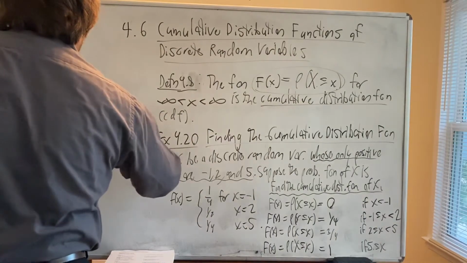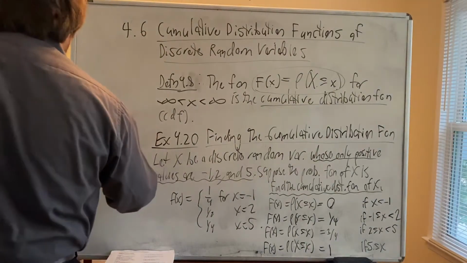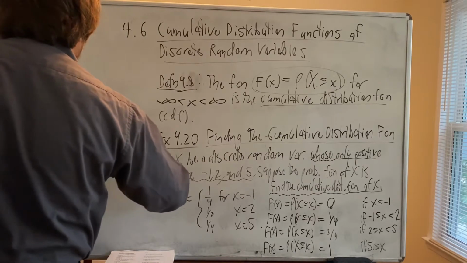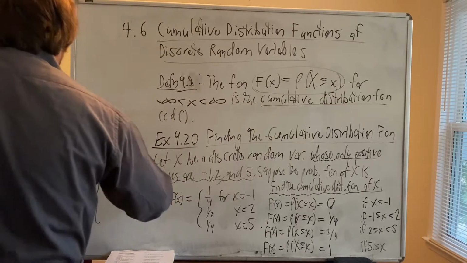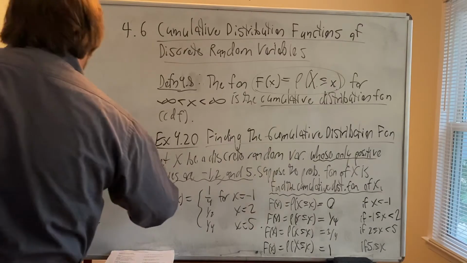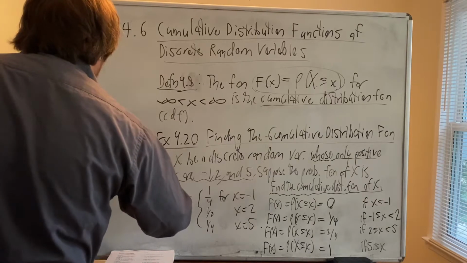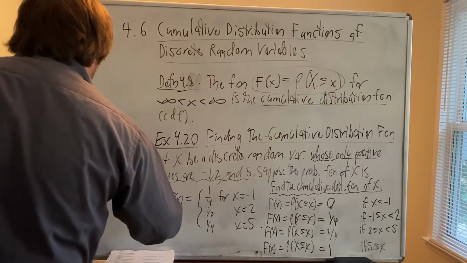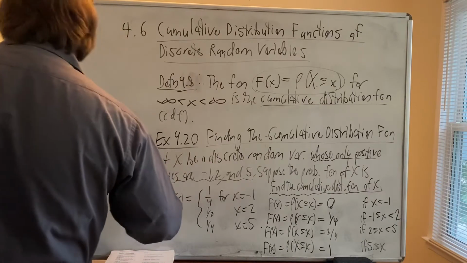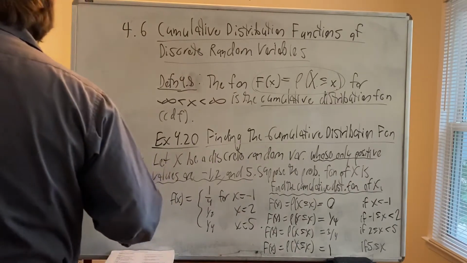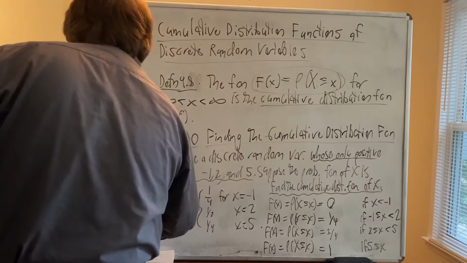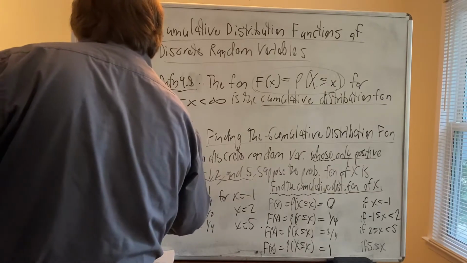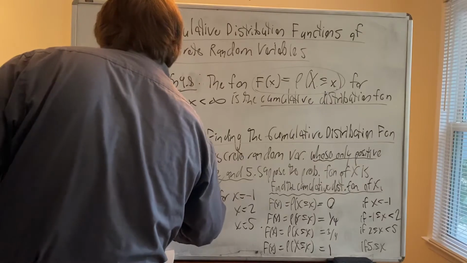So our conclusion for this example is that for -infinity less than x less than infinity, capital F of x is equal to 0 for x less than -1, 1/4 when -1 is less than or equal to x, strictly less than 2, 3/4 for 2 less than or equal to x, strictly less than 5, and 1 for x greater than or equal to 5.